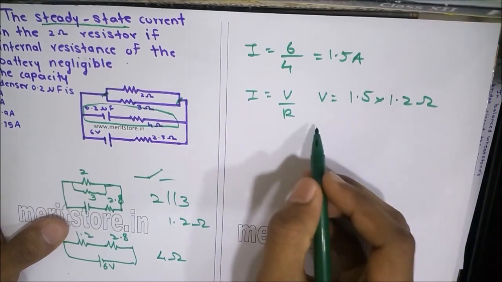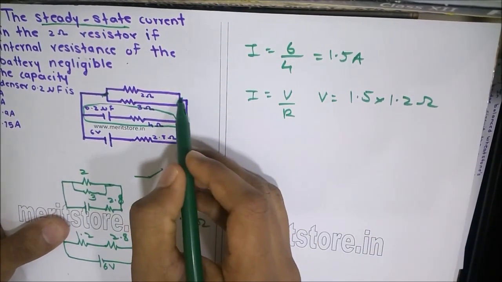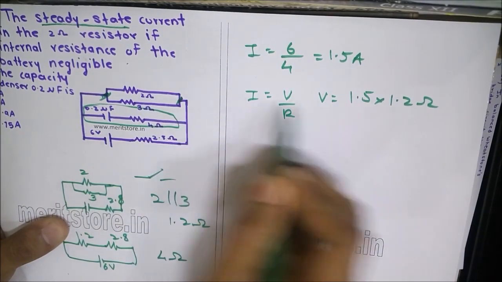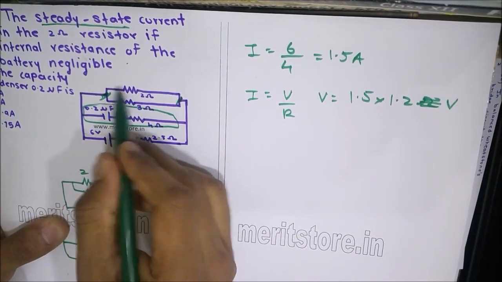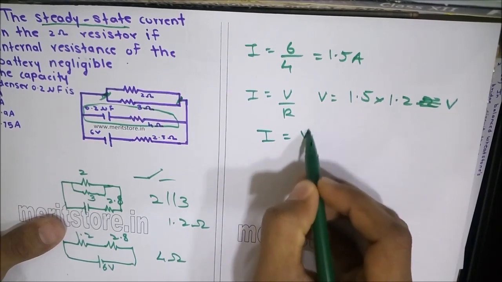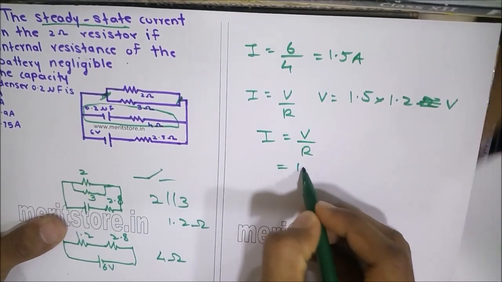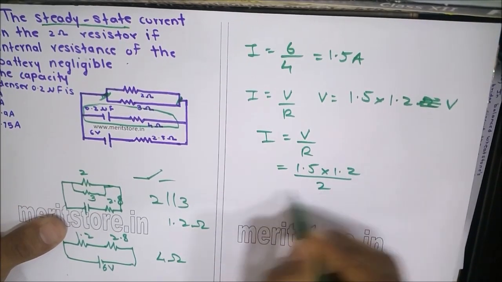Let us keep this value this way, and now we know that since the potential difference across the parallel arms is 1.5 into 1.2 volts, the current flowing through the 2 ohm resistor would be I equals V upon R, which is nothing but 1.5 into 1.2 upon 2.